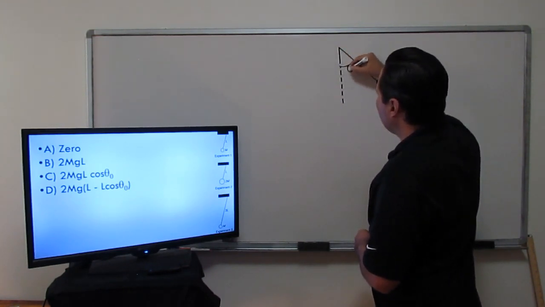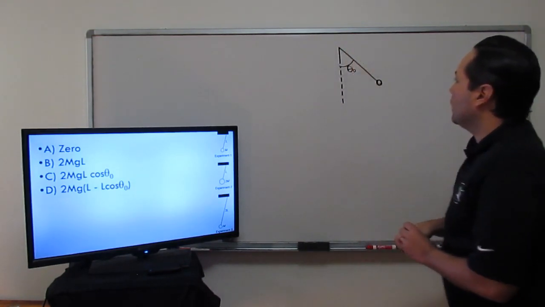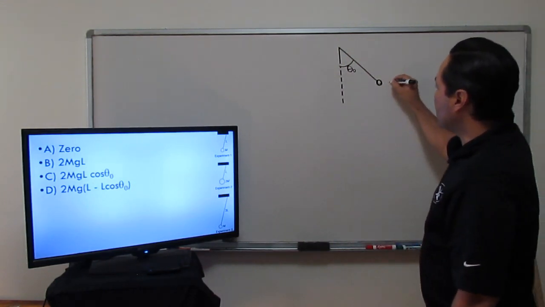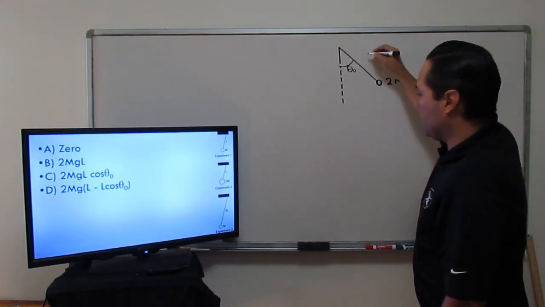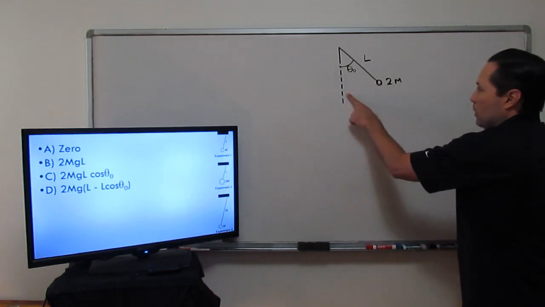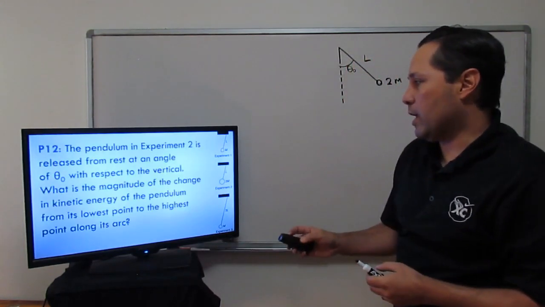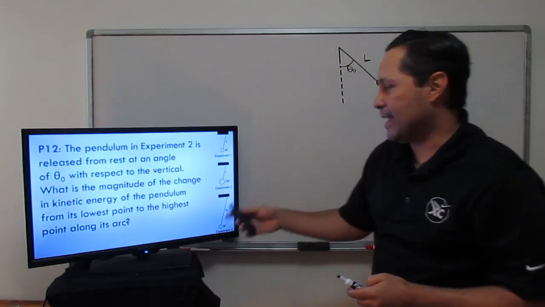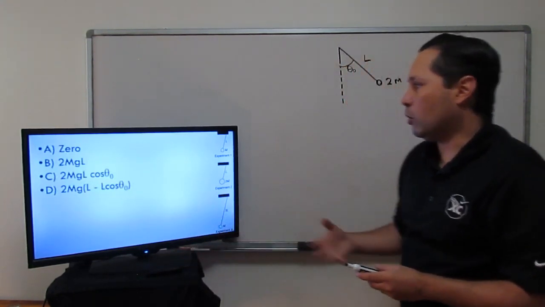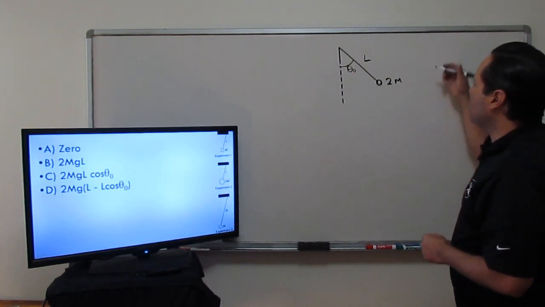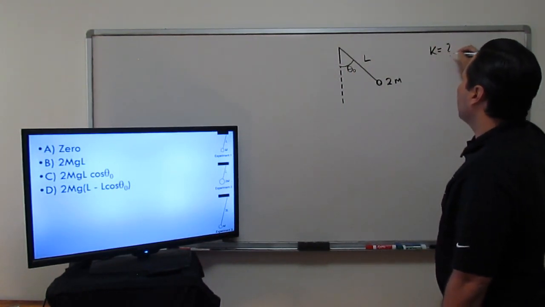There's our angle right here, theta O. And the mass of this is 2m, and the length is just L. And from the lowest point to the highest point, again, the question is, what is the change in kinetic energy from the lowest to the highest point? So we're solving for our kinetic energy.